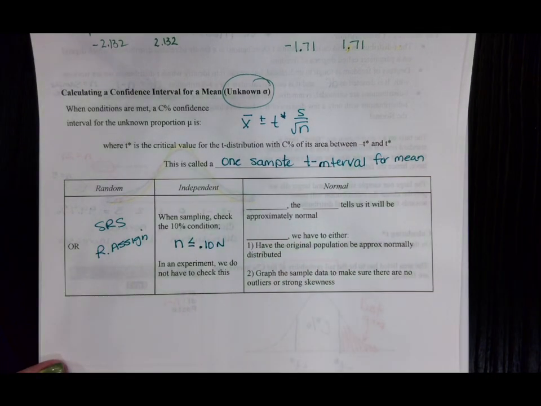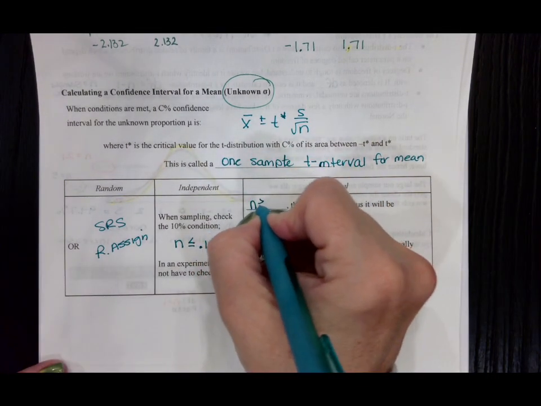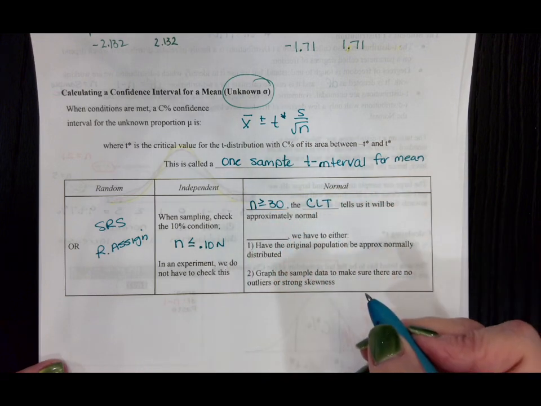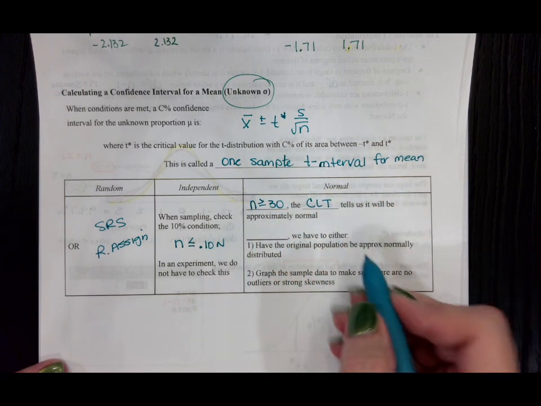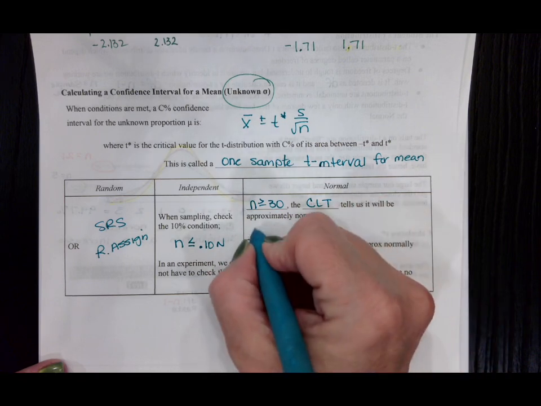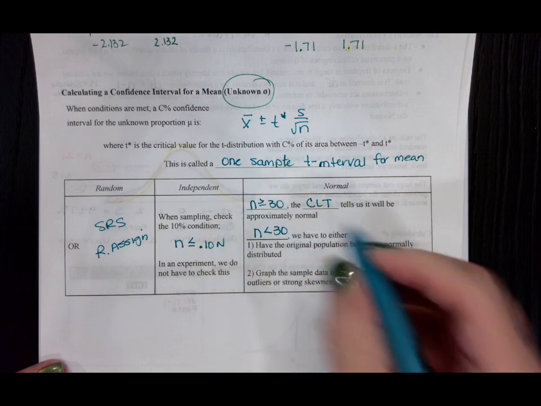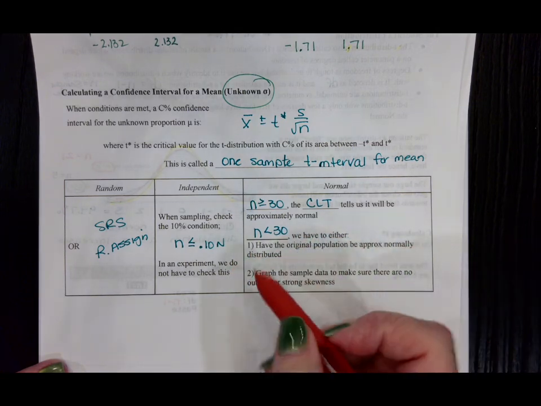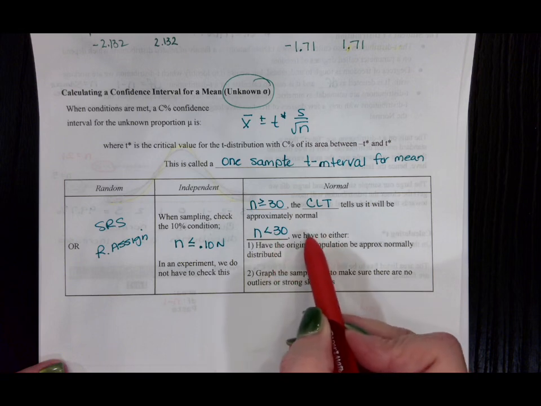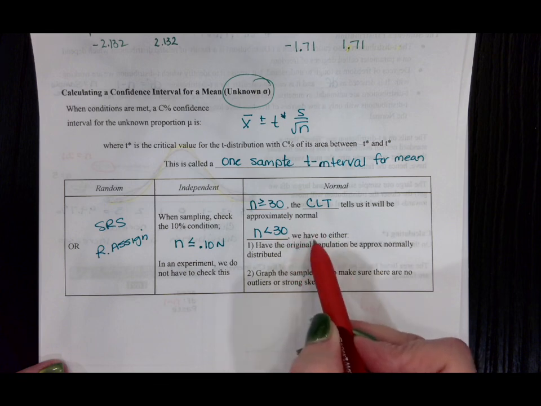Okay, so for normal, if I don't have a proportion, I'm going to check CLT. This is my large counts. It will tell us that this is approximately normal. Now, if N is less than 30, in our tomato example a minute ago, N was not close to 30, but it told us that the population was normal.